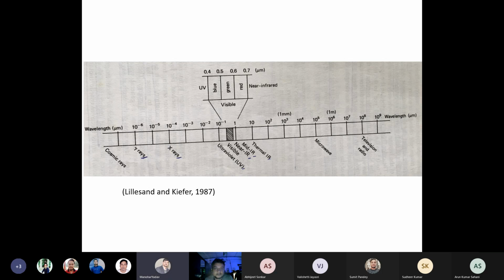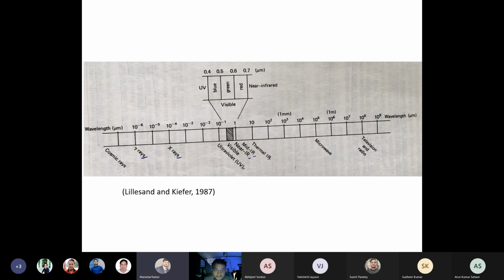Okay, so there is a generic query based on this electromagnetic spectrum. Let's say we move towards longer wavelength, away from the visible towards microwave.